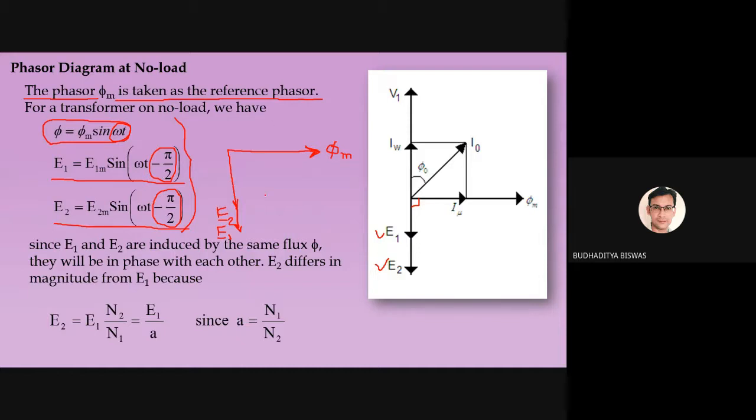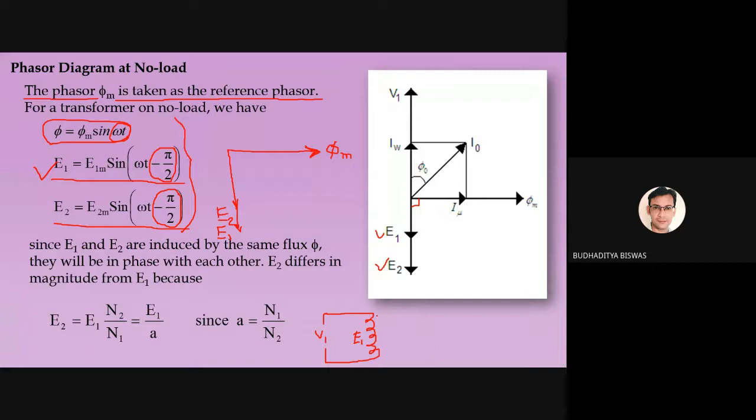What about V1? What is V1? V1 is the supply voltage of the transformer. If we apply the supply voltage across a winding, some voltage will be induced across it, E1. This is called the primary induced voltage, and V1 is the supply voltage.